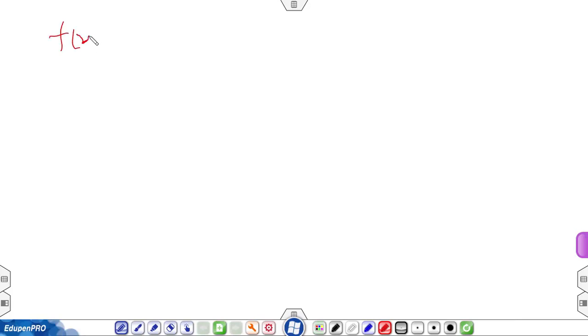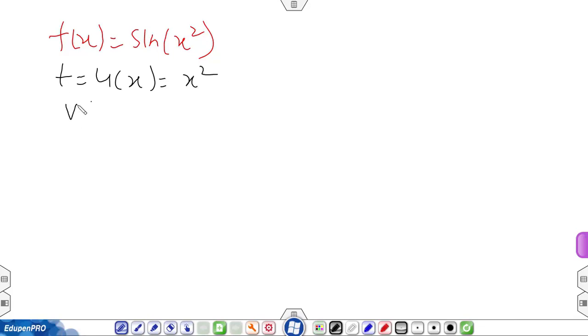Suppose we are given f of x equals sine x square. You can see the given function is a composite of two functions. Let t equal u of x equal to x square, and v of t equal to sine t.